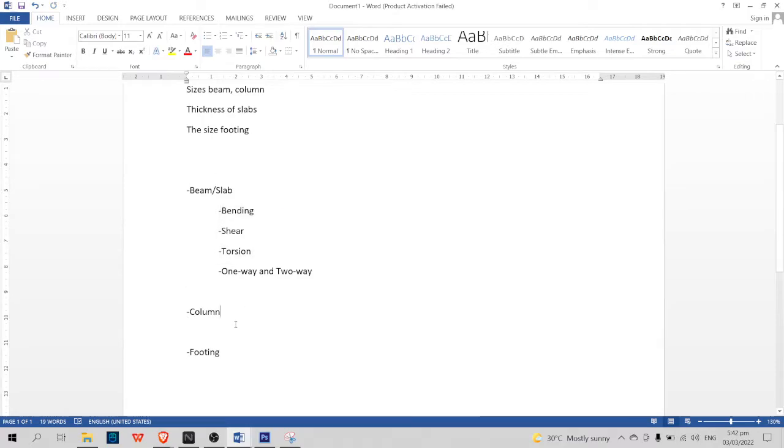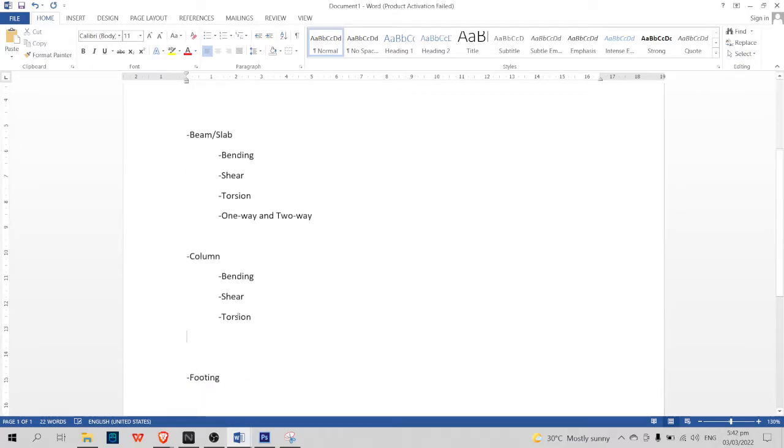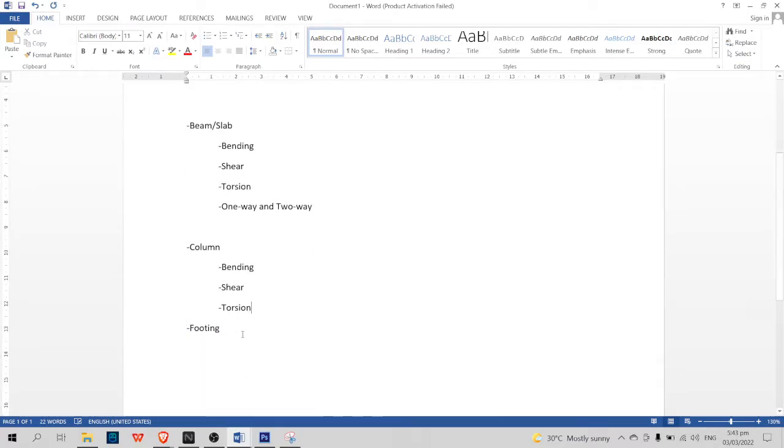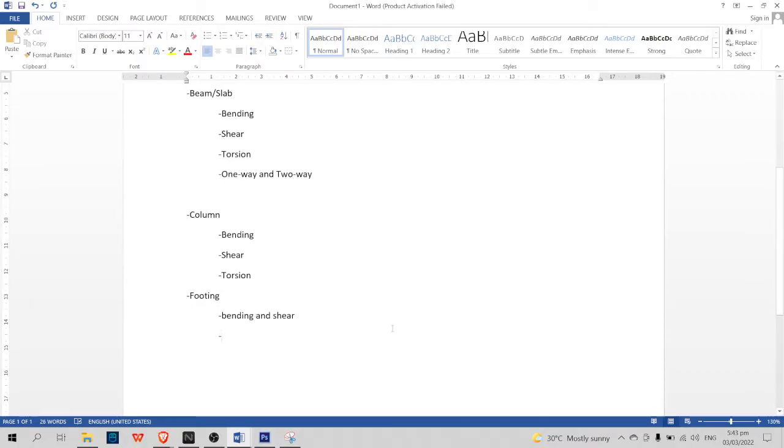Likewise, sa column din, ganun din ang mangyayari. Sa footing, usually, ang gagawin lang natin dyan, bending and shear, and then yung size niya is yung contact force niya.